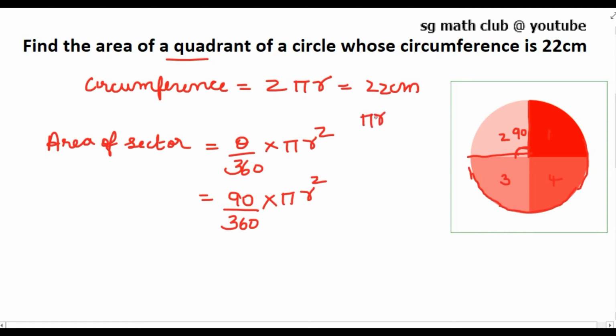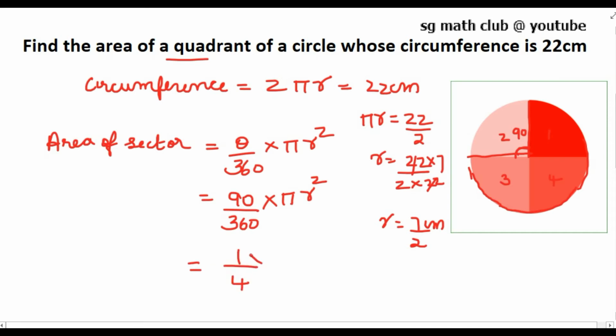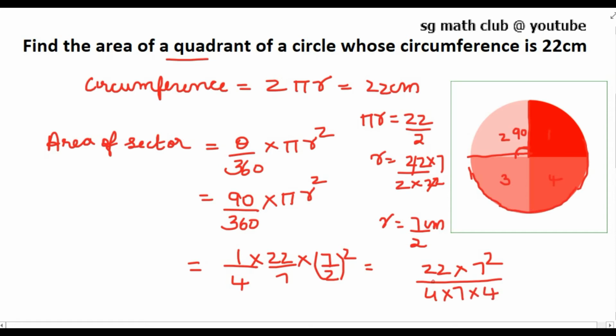So pi r is equal to 22 by 2, which is 11 centimeter. R is equal to 22 by 2 into 7 by 22, so it is 7 by 2. R is 7 by 2 centimeter. So we have 1 by 4 into 22 by 7 into 7 by 2 the whole square, which is equal to 22 into 7 square divided by 4 into 7 into 4.